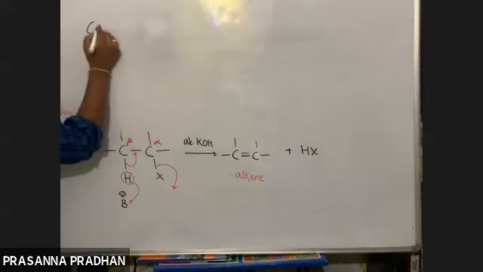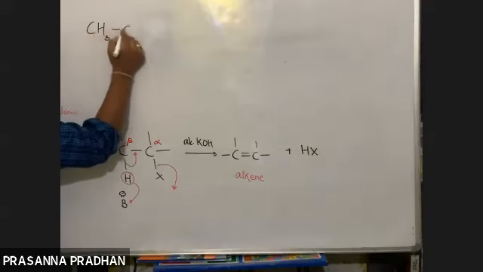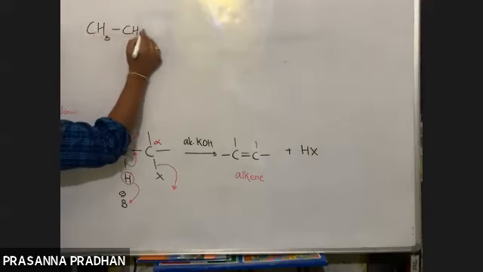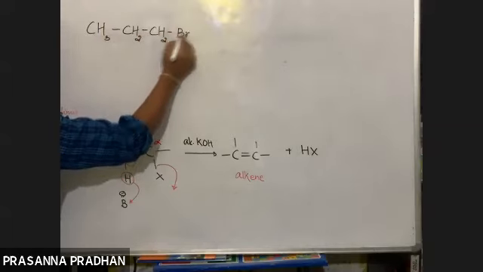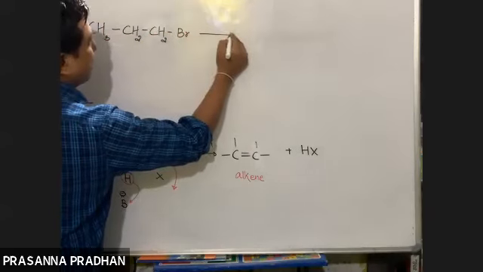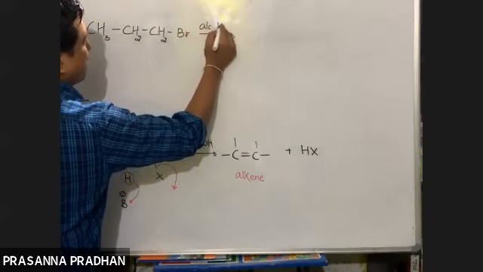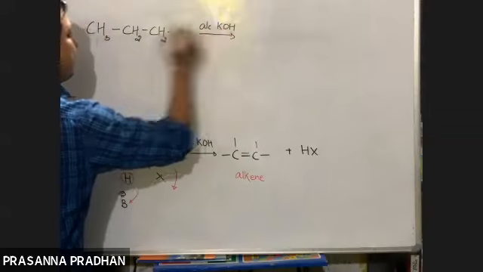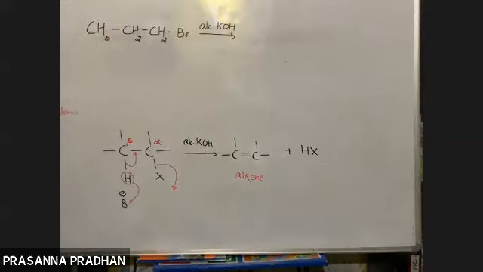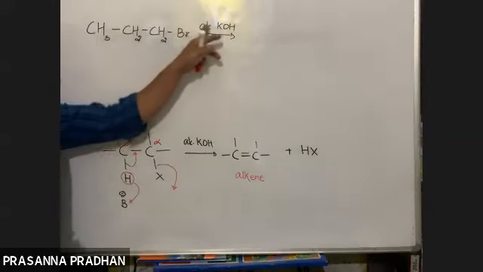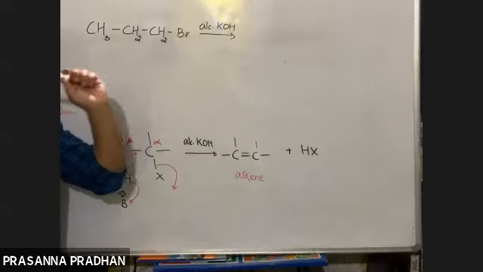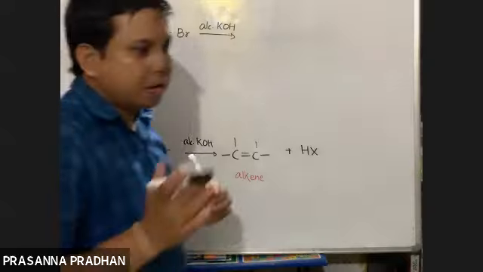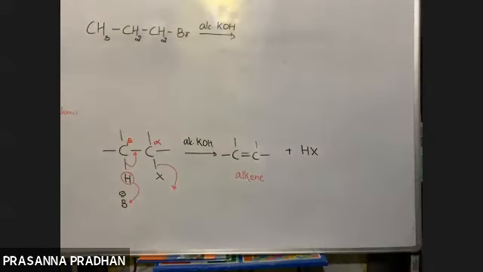So suppose I give you CH3CH2CH2Br with alcoholic KOH. But unless you remember these reagents, we can't solve it. If I used aqueous KOH, Br was getting substituted by OH. But here I am using alcoholic KOH. Now I know in presence of alcoholic KOH, elimination occurs.